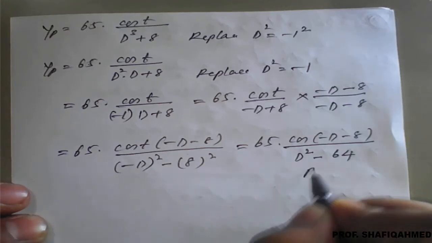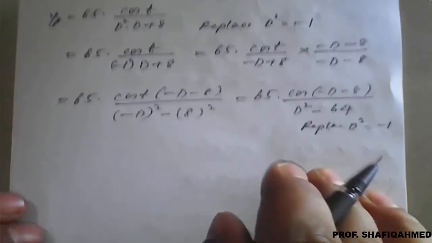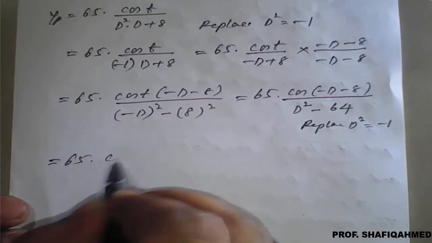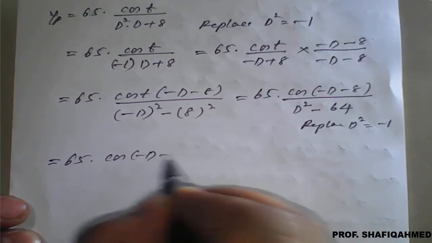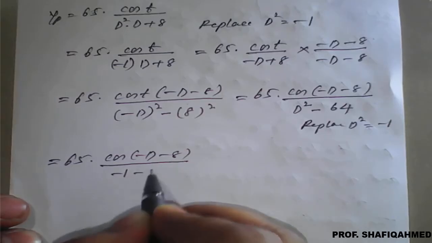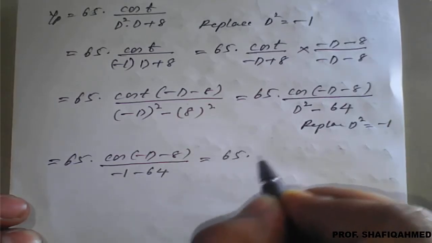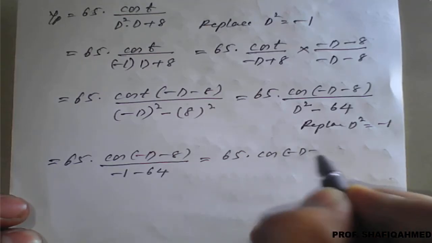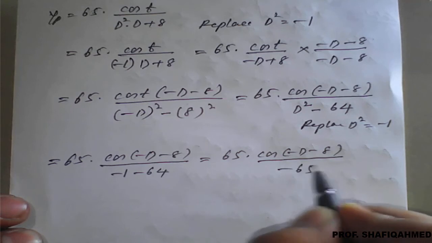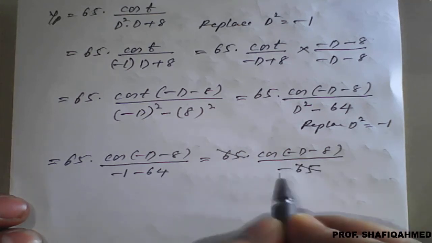So again we replace D square is equal to minus 1 as per type 2, which is 65 into cos of minus D minus 8 divided by minus 1 minus 64, which is 65 into cos of minus D minus 8 divided by minus 65. This 65 cancels, and we get a minus sign.